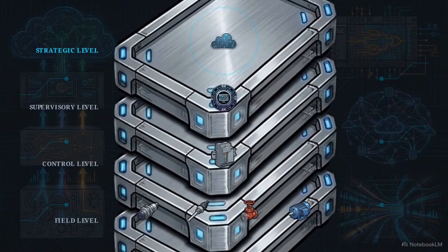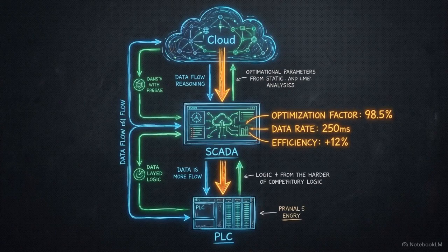While SCADA handles the immediate status right now, the cloud handles historical data, storing massive amounts of information over months and years. Its core function is to perform deep data analysis and identify long-term optimization trends. Once the cloud calculates an optimization, it sends the new operational parameters back down the chain, adjusting the SCADA setpoints, which then seamlessly update the PLC logic below.